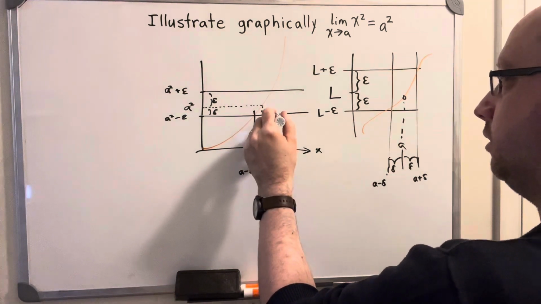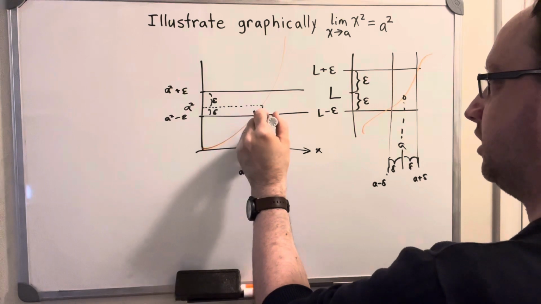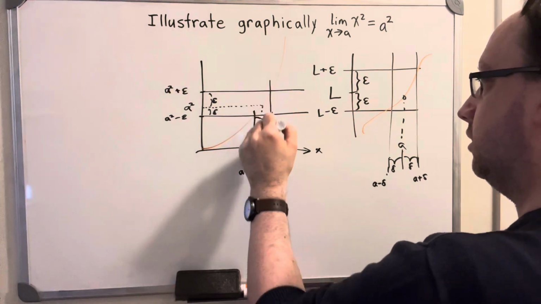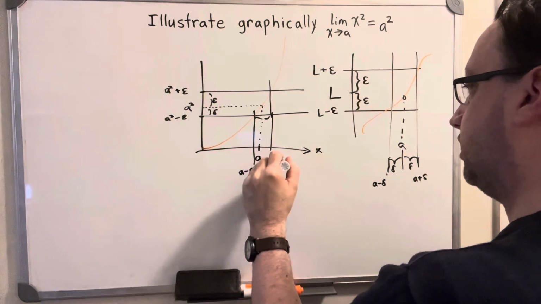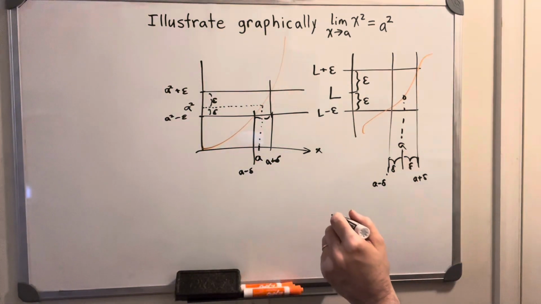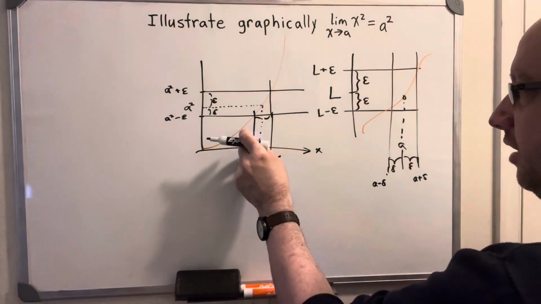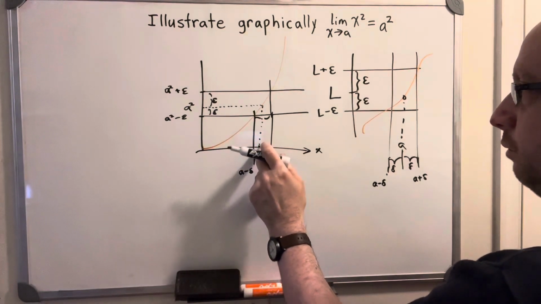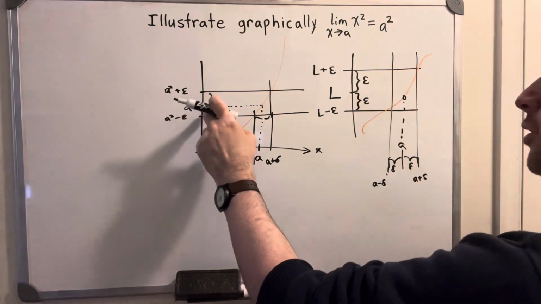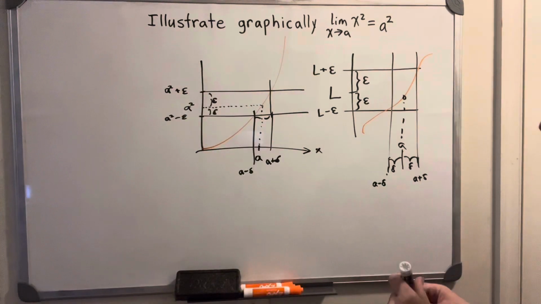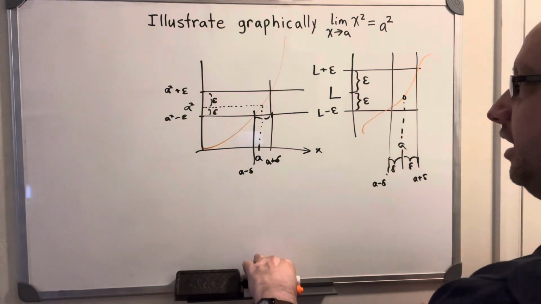Then if we go the same distance right here, we say this is A plus delta. You see how if we stay within delta of A, then we will stay within epsilon of A squared. So that would be a graphical showing of the limit as x approaches A of x squared being equal to A squared.